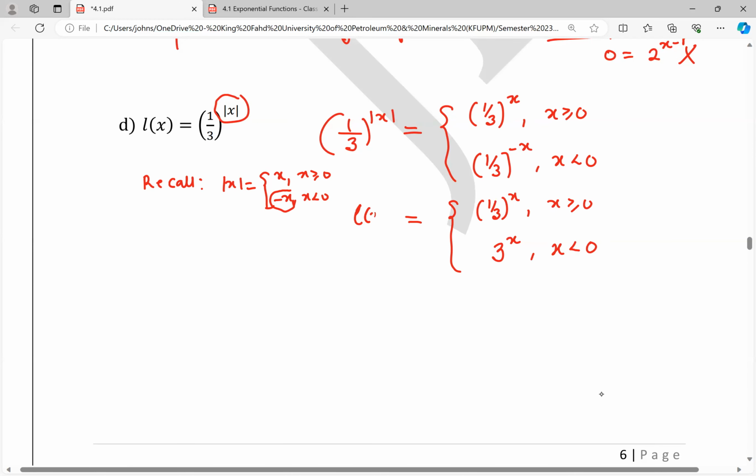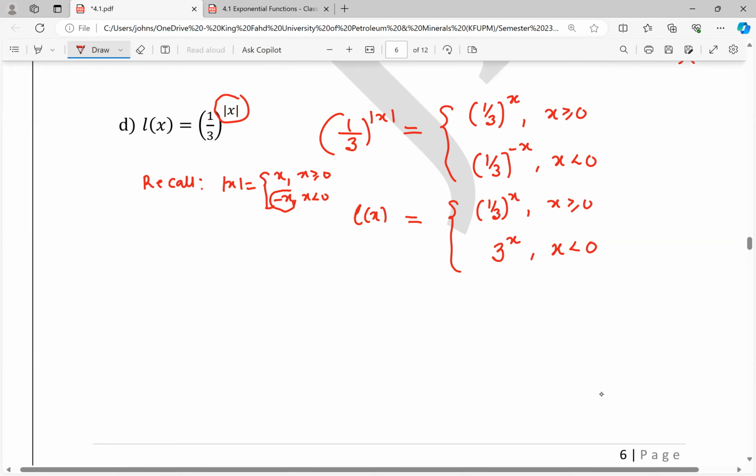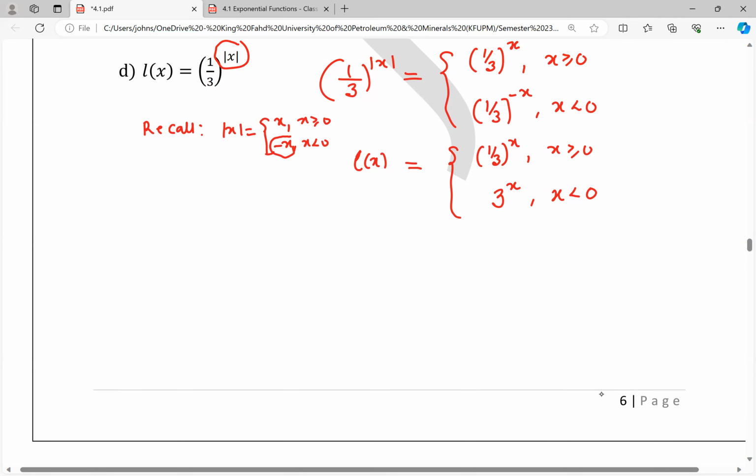So this is our function L of x. Let's try to graph this now. To graph this, we just have two parts of the graph. The first part is when x is greater than 0, so you are in quadrant 1 and quadrant 4.